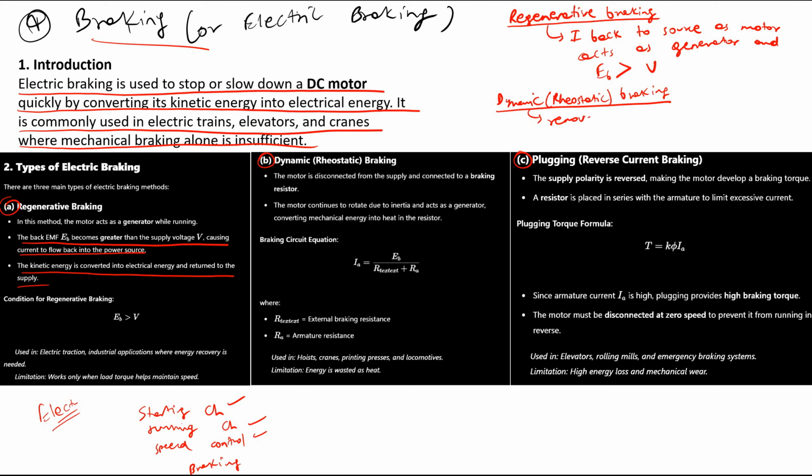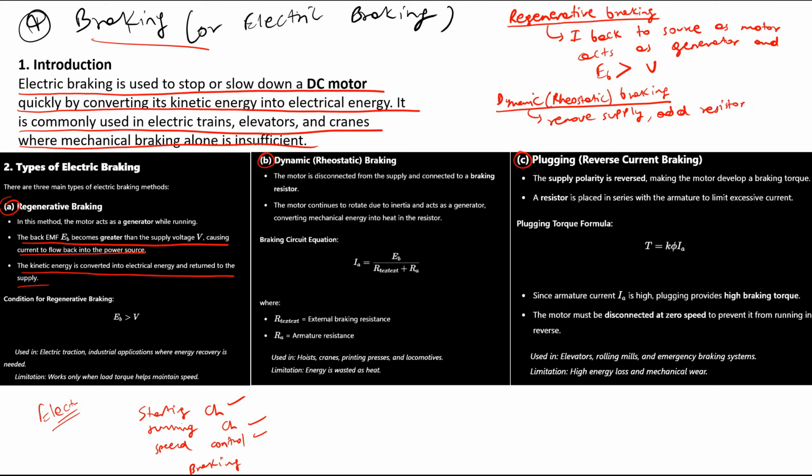Simply remove the supply, add a resistor, and slowly the back EMF will decrease due to speed.